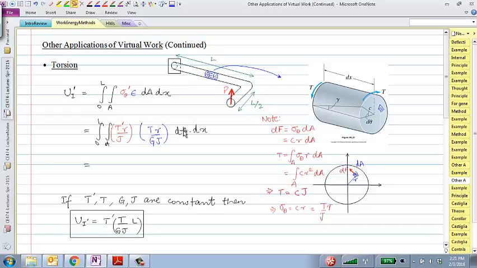So r square dA and one of those J's cancel off, and what we get is integral from 0 to L of T prime T over J, 1 over G times J dx. So one of these J's cancel off, but once again we'll write it just as it is. And if all of these things are constant, then Ui due to the torsional effect is simply given by this expression.